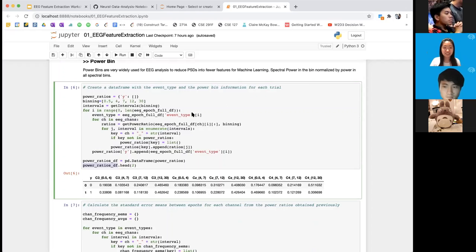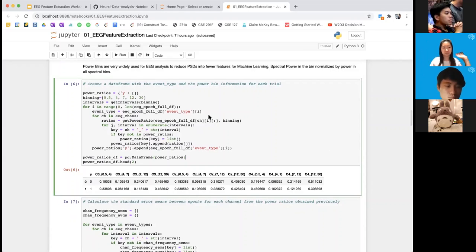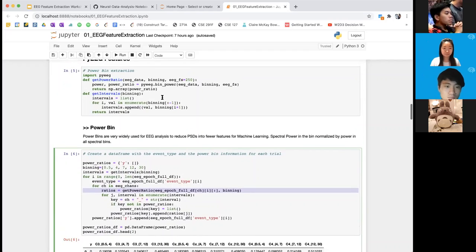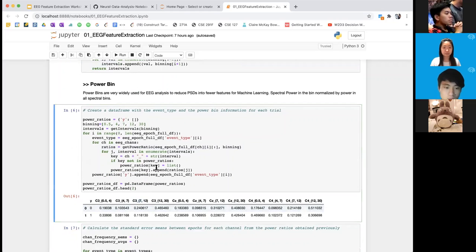Does anyone have any questions on any of these parts? Because this is pretty fundamental to how you might extract features in the future as well, because you can extract other features. Right here, this ratios part is the specific part that is actually different. Oh yeah, get intervals. This one is just a nice helper that allows us to create these tuples from the binning.